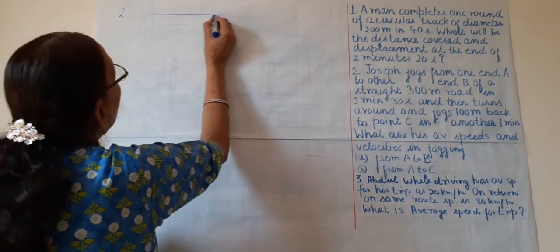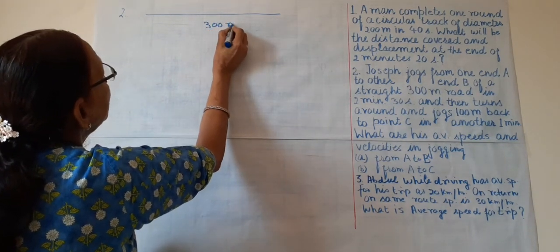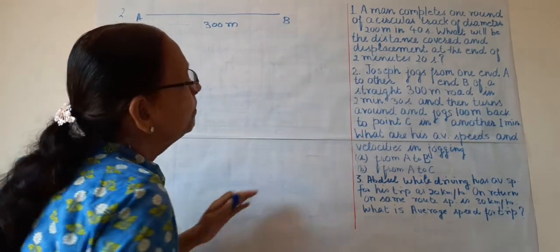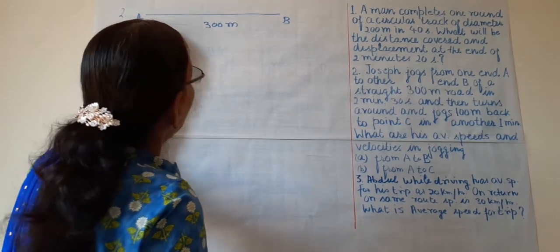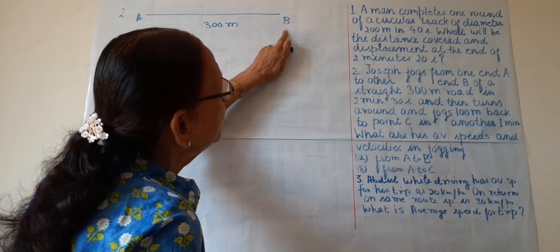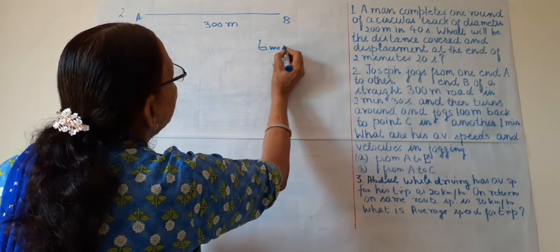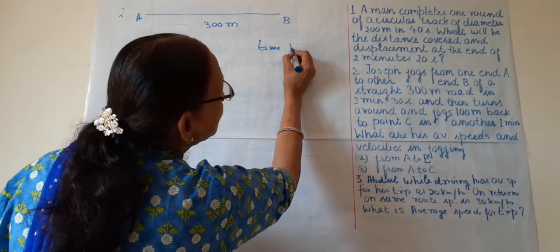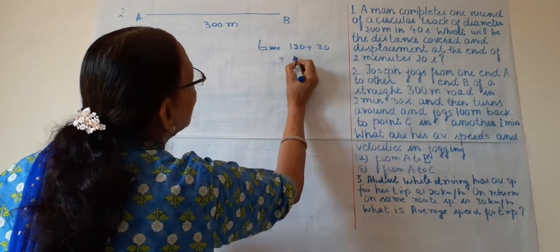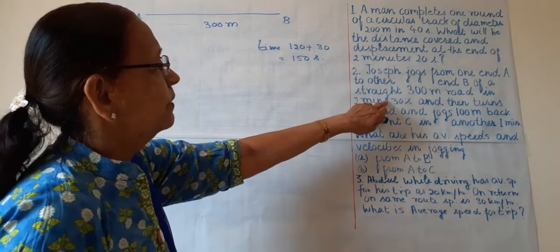I will draw this road of 300 meters with points A and B. He is jogging from A to B and the time is 2 minutes 30 seconds. 2 minutes means 120 seconds plus 30 seconds. Total time will be 150 seconds.